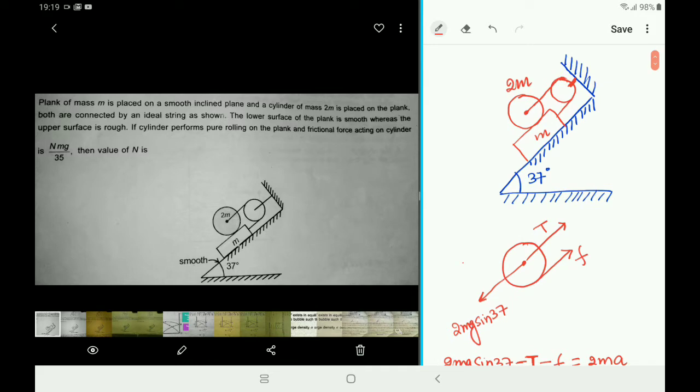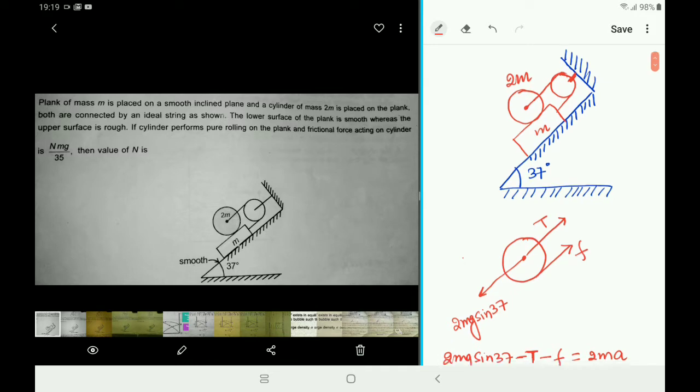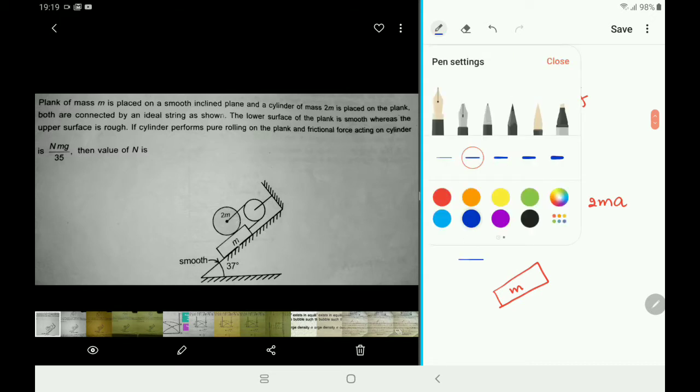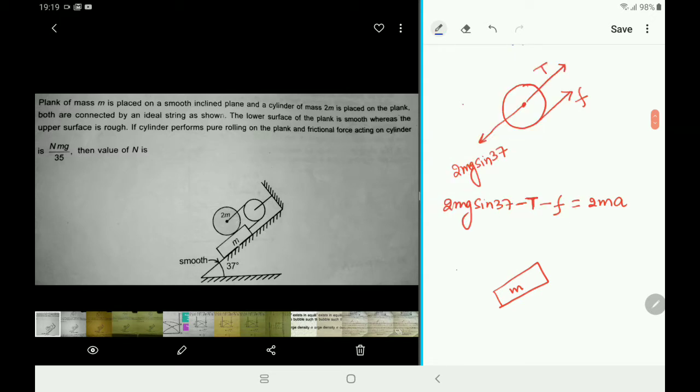So the block surface will try to stop the cylinder from coming down, and it will apply a frictional force which will be upward along the slope. So basically the cylinder is experiencing three forces: due to gravity, due to tension, and the friction. And we are assuming that the cylinder is coming down the slope with an acceleration a.